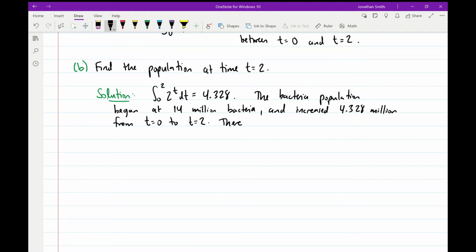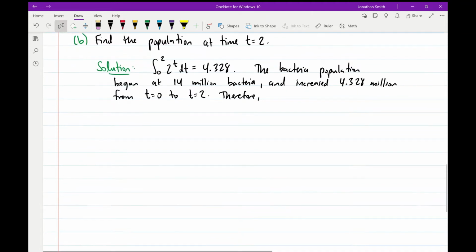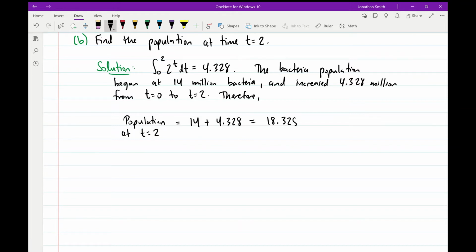And therefore, we can say that the population at time equals 2 is equal to the 14 million that we began with plus the 4.328 million that we had from time equals 0 to time equals 2, that change, and we get 18.328 million total bacteria in the population at time equals 2.